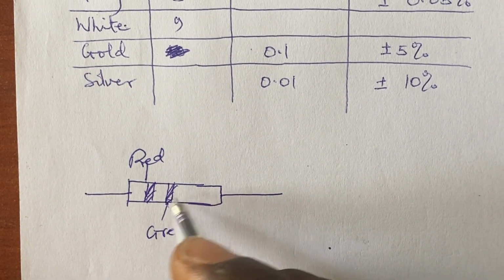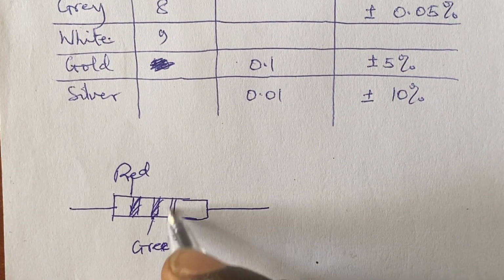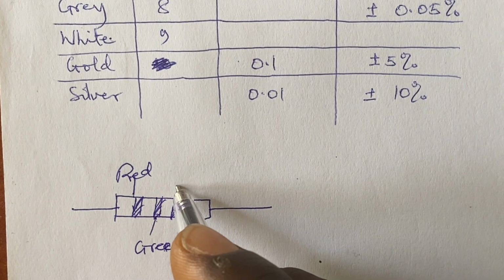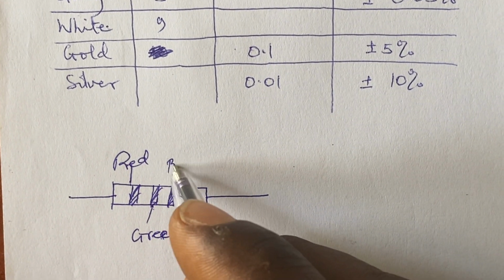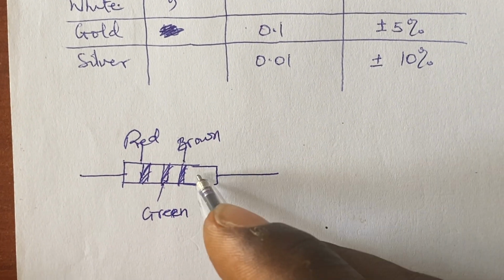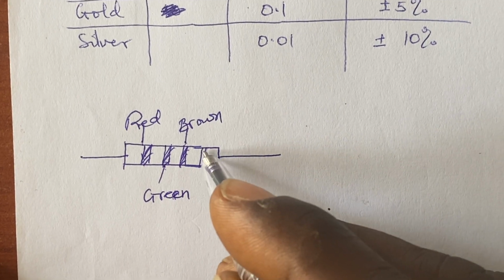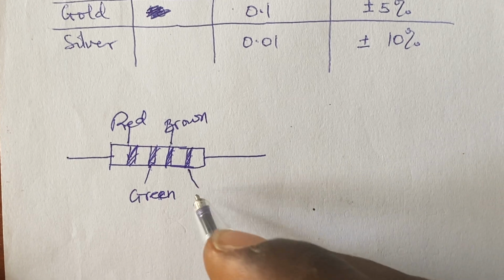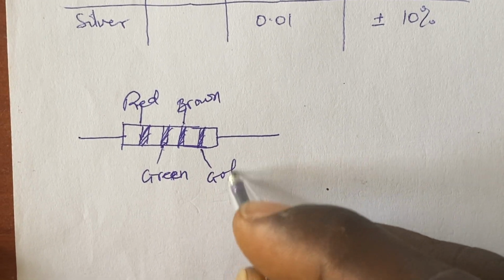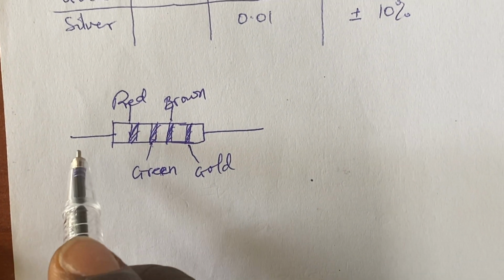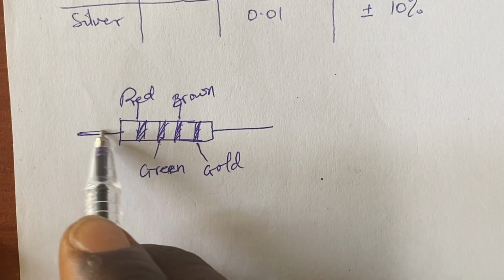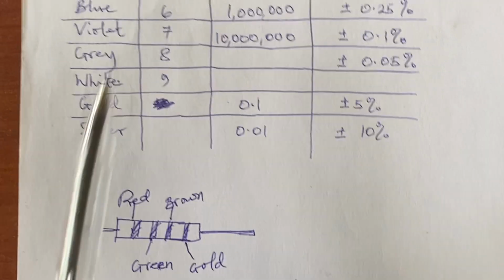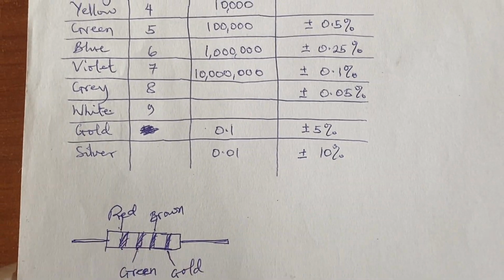Then it has another one, let's call that a brown. Then we have the last one, which is always known as the tolerance, gold. Now, how do you know the value of a resistor like this? It's very simple. Looking at the chart here, we have the first color as red.